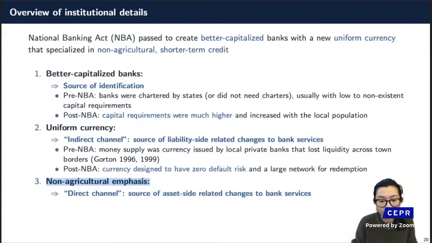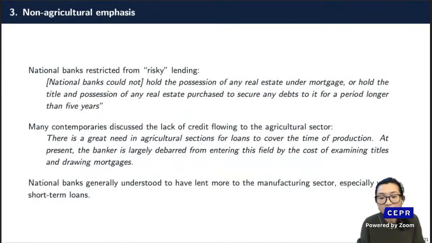And this is where we're going to try to separate this direct channel of asset side related loans from this indirect channel. Okay. So very specifically, what's written is that these national banks couldn't have any real estate under mortgage or possess any real estate as a form of collateral, at least not for a period of longer than 5 years.